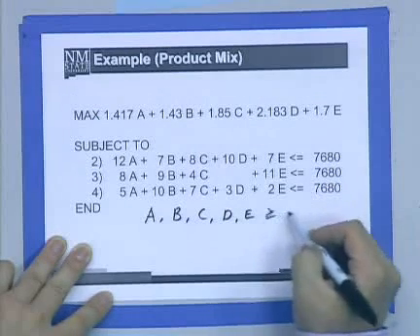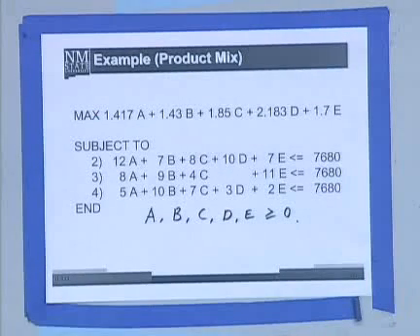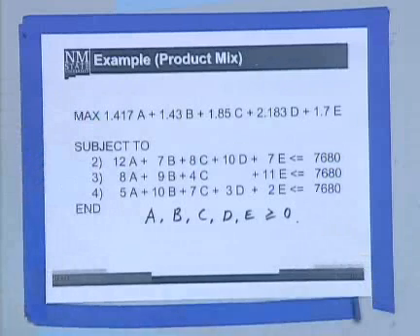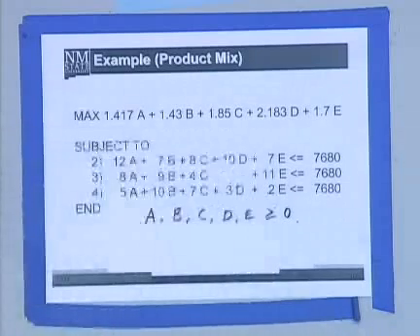So all the variables must be greater than or equal to 0. So this is the complete LP formulation for this problem. Okay? Any questions about LP formulation for this problem? Okay.